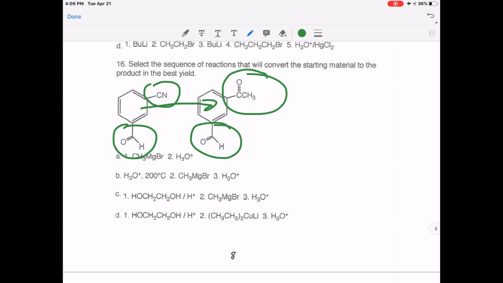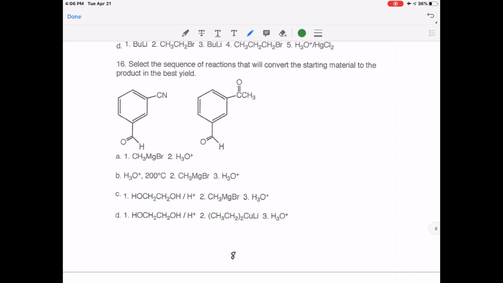We can easily be tempted to think that if we just add a Grignard reagent, we can easily convert this starting material to this final product, because that's all it takes, a Grignard reagent along with an aqueous workup to get to that point.